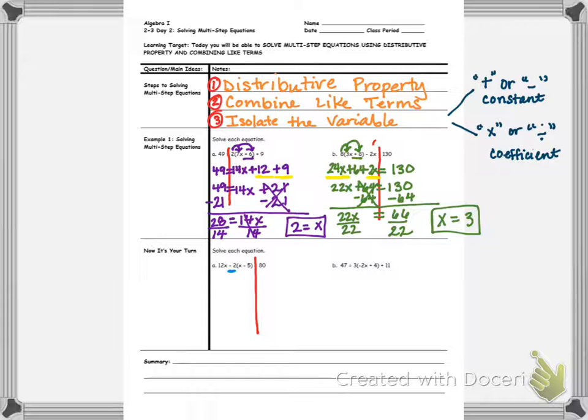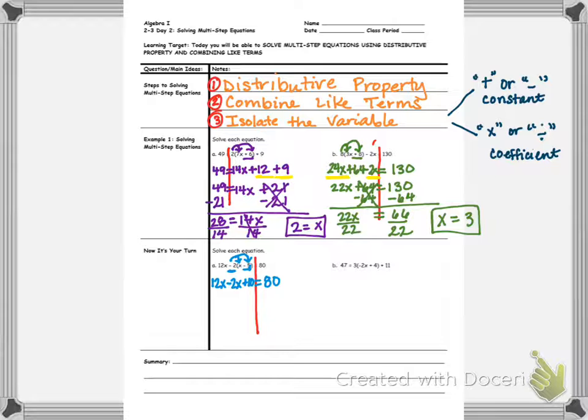So we're actually distributing negative 2 times x and negative 2 times negative 5. Very important, because if you just said 2, you would be messed up. So we bring down that 12x, negative 2 times x is negative 2x, negative 2 times negative 5 is a positive 10, and that equals 80.